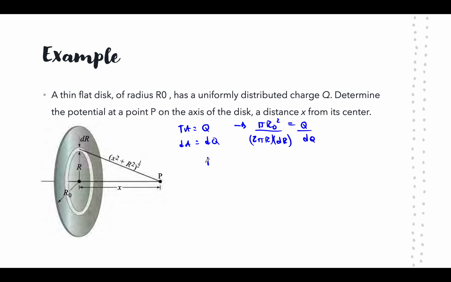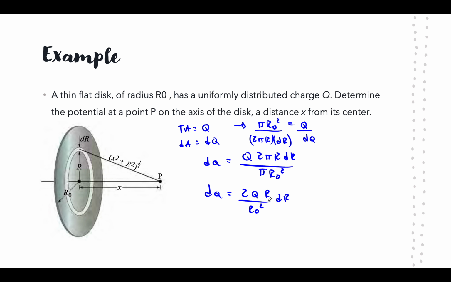Solving for dq, I get that dq is going to be equal to q times 2 pi r dr divided by pi r0 squared. Simplifying a little bit, I get that dq is equal to 2q r over r0 squared dr.